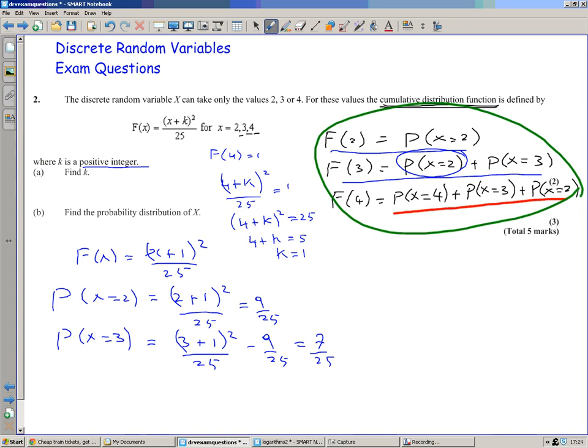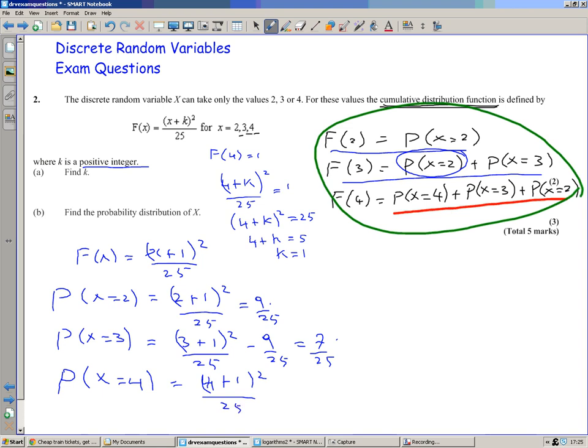Okay, now, of course, with the last one, we should see that because these two add up to 16 over 25, there's 9 remaining, so that should also be 9 out of 25, but it might serve as a useful check. We're expecting the answer 9 out of 25, but to do it in the same way as before, find F4, (4 plus 1) squared over 25.